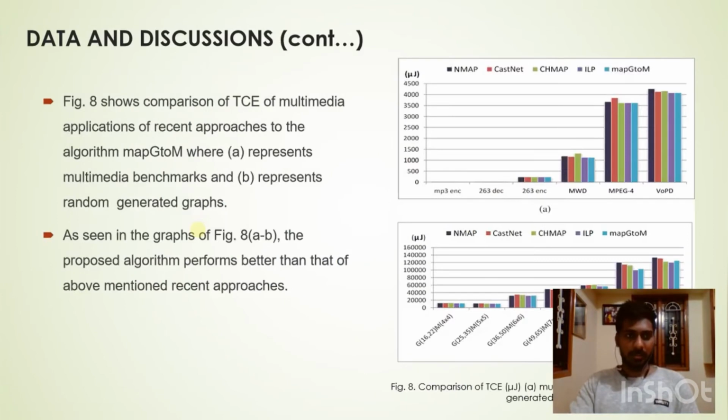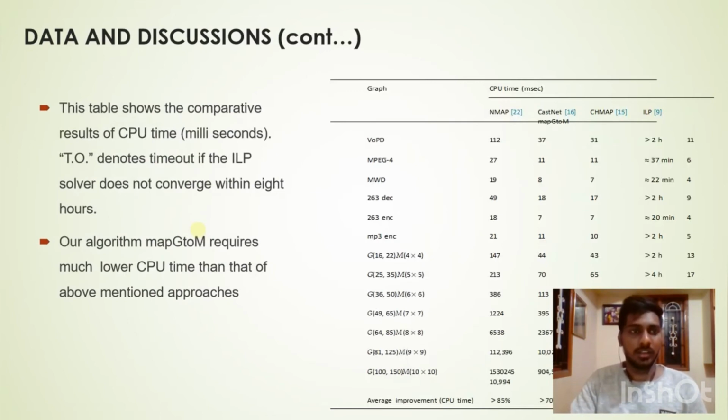These are the data they have given in the paper, and in this figure the comparison of TCE is like a histogram, so that we can easily represent it. So what we discussed is what they have given.